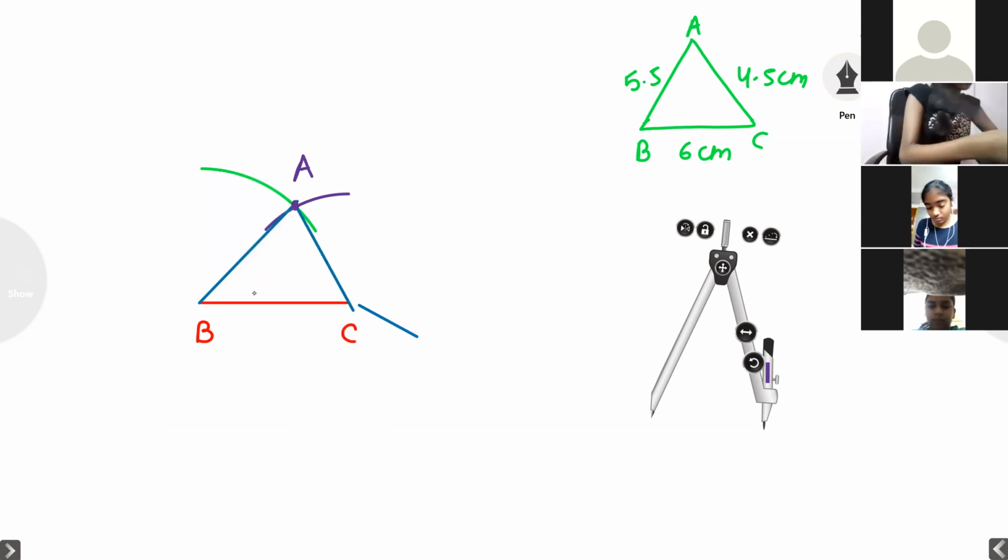This is the construction of triangle ABC. This length is 6 centimeter, 4.5 centimeter, and 5.5 centimeter.